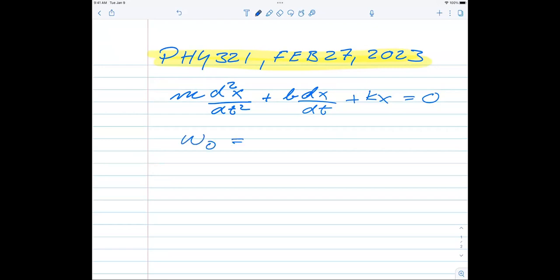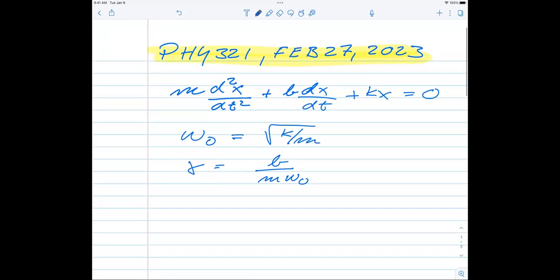So we introduced this natural frequency, which is the oscillator parameter, or the oscillator strength, or the spring constant, whatever we call it, K, divided by the mass. We introduced a parameter, gamma, which was then given by this B divided by M times omega 0. So omega 0 is what we call the natural frequency.